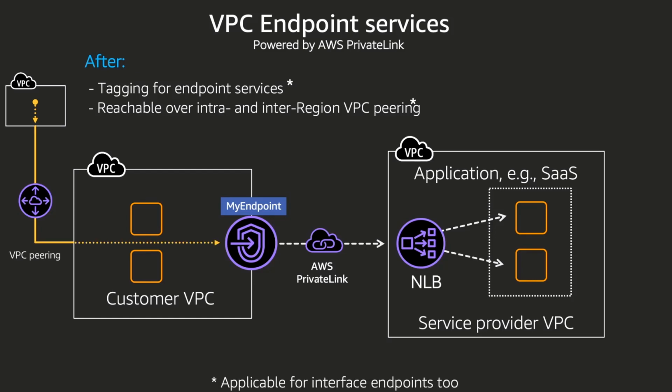Now, this is actually applicable for the other interface endpoints that we had for all of those other services. So you could effectively have a VPC that has all of these endpoints that exist within that VPC, and then connect through over peering or transit gateways, or maybe even over Direct Connect or something similar, and reach out to any of those services. Pretty cool.